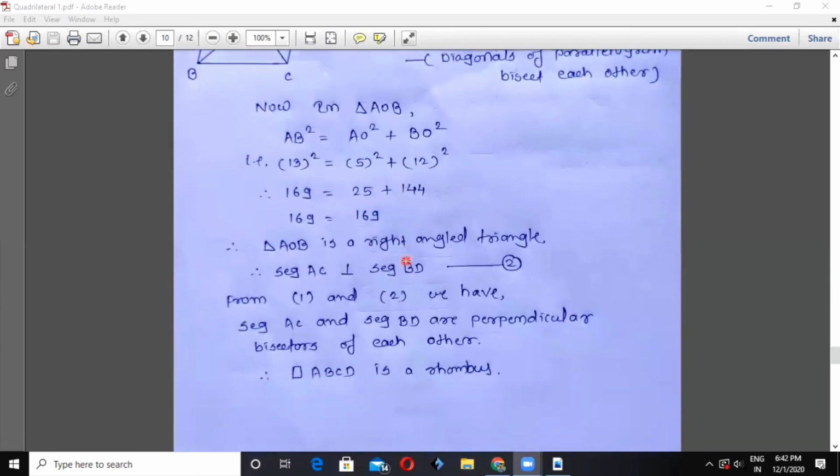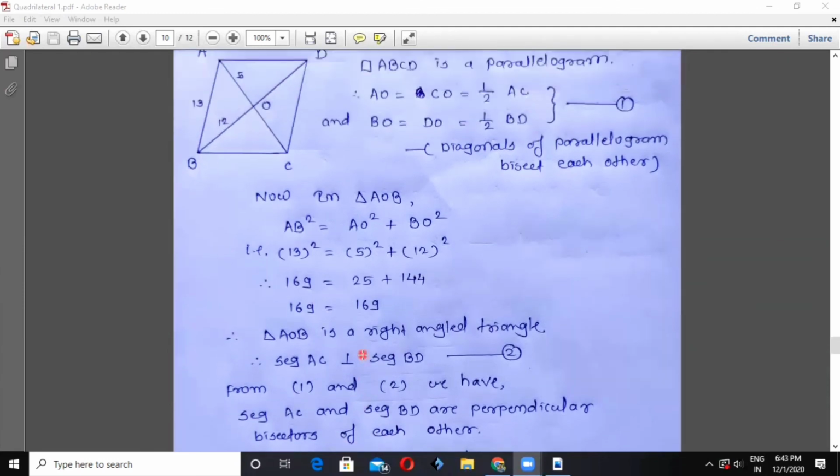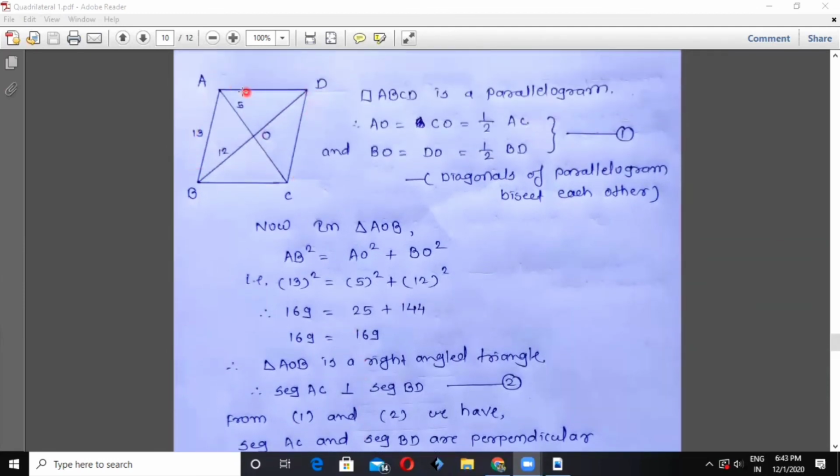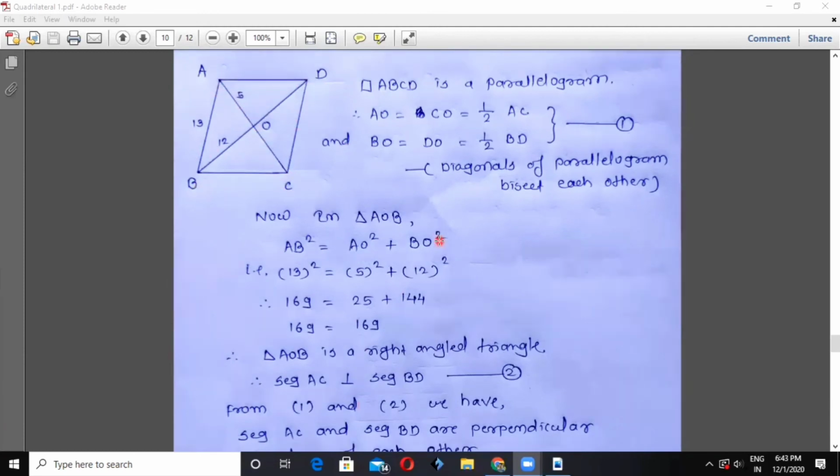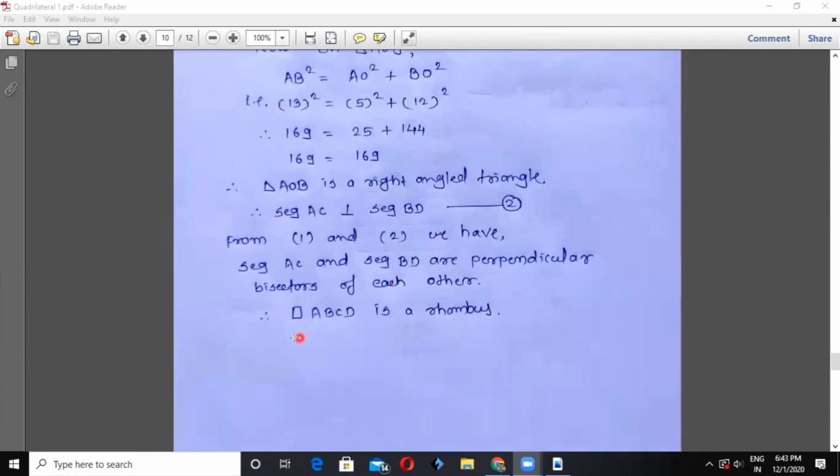And if it is so, then we know the property of a rhombus, that the diagonals of a rhombus are perpendicular bisectors of each other. That means, as for quadrilateral ABCD, diagonals are perpendicular bisectors, so the quadrilateral ABCD must be a rhombus. And that is what we have to prove. That is, quadrilateral ABCD is a rhombus.